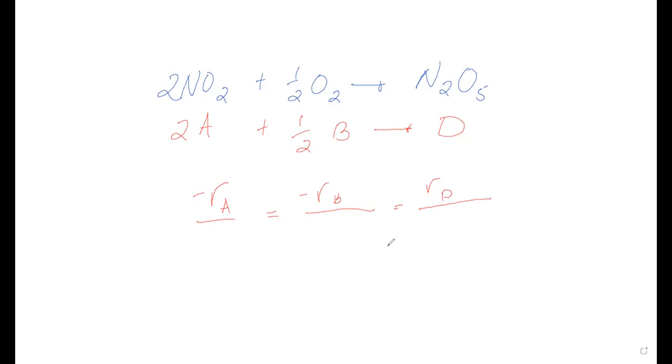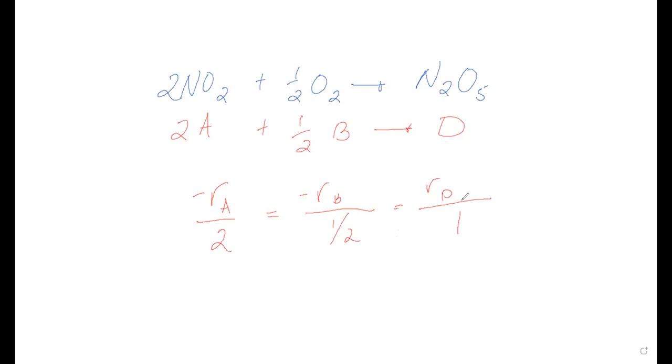So complete what I have written here. That way, we will have a relationship between the rates of disappearance and formation of the species. Negative RA over 2 is equal to negative RB over 1 half is equal to RD over 1.